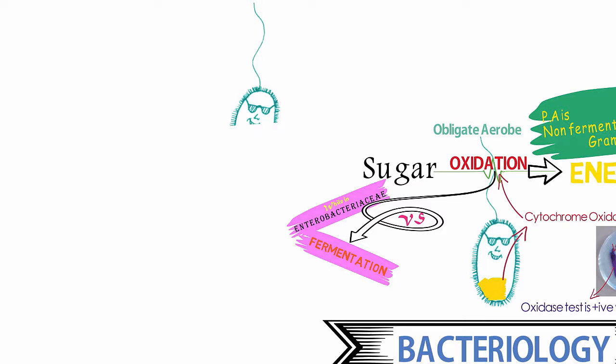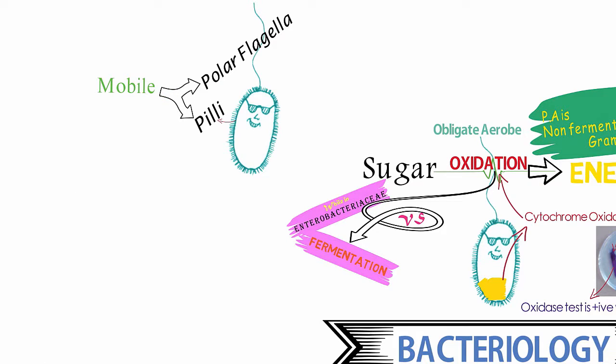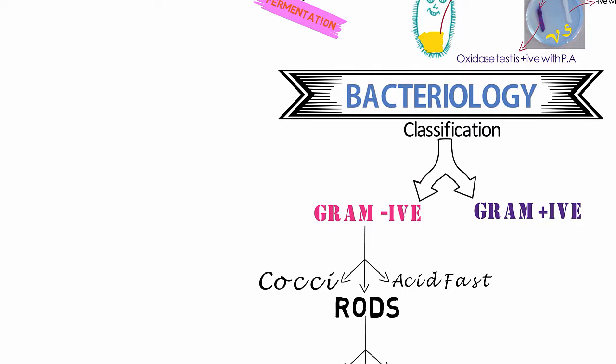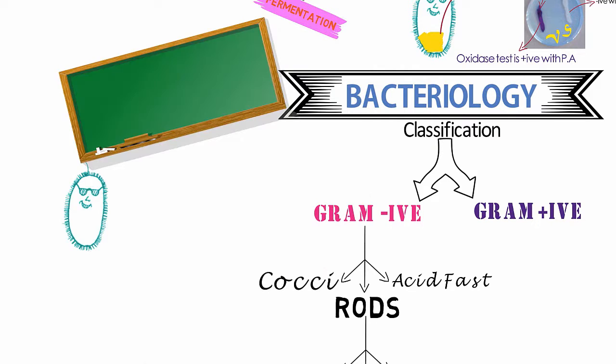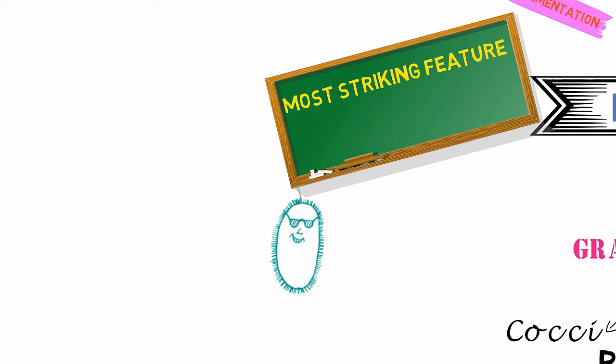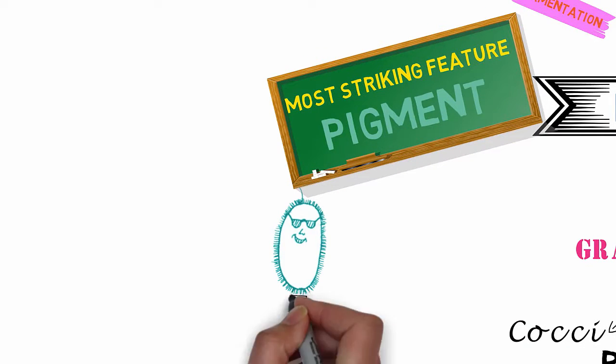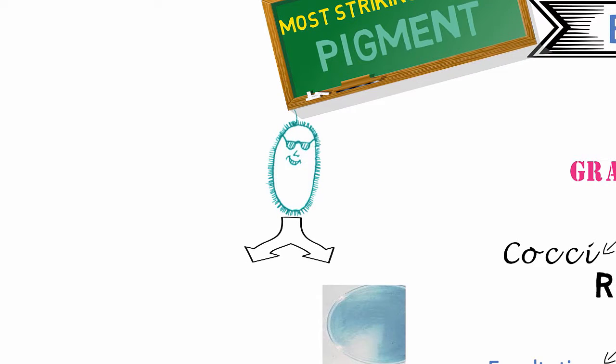Pseudomonas aeruginosa has a polar flagella and pili. This flagella and pili make it motile. The most striking bacteriological feature of Pseudomonas aeruginosa is the production of colorful water-soluble pigments. It produces a blue pigment called pyocyanin.